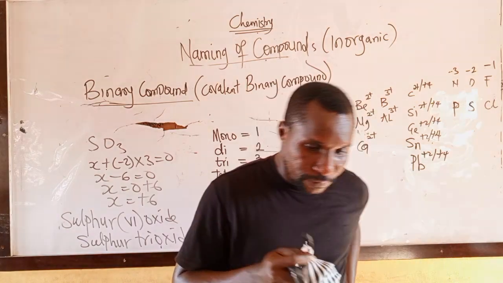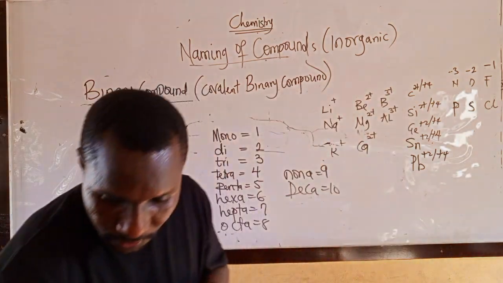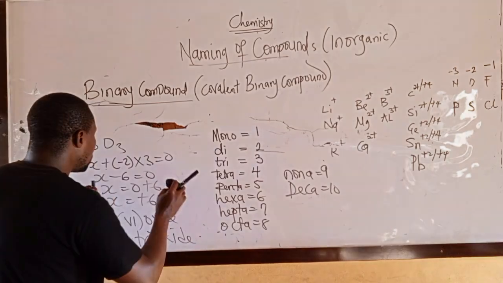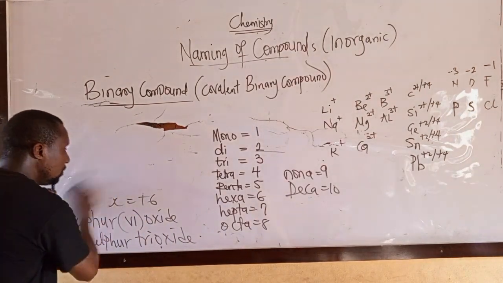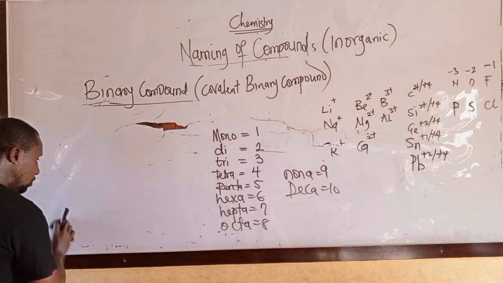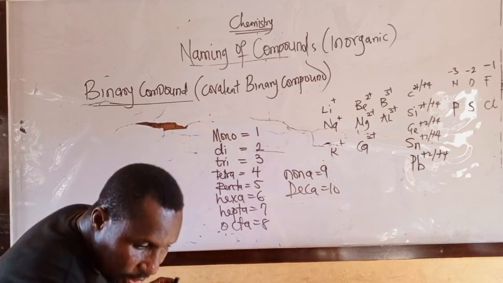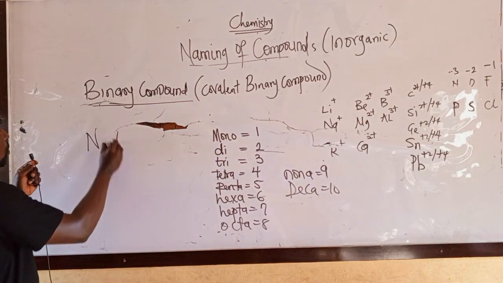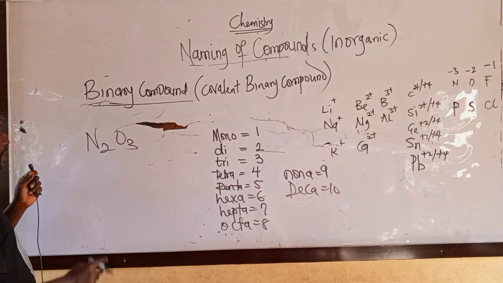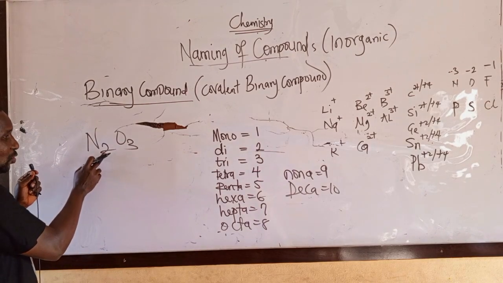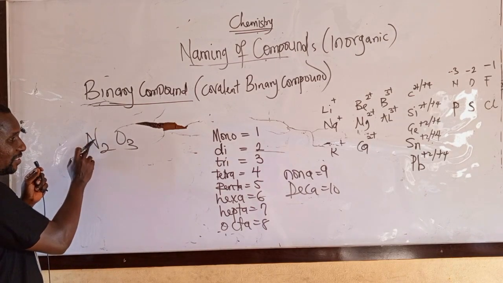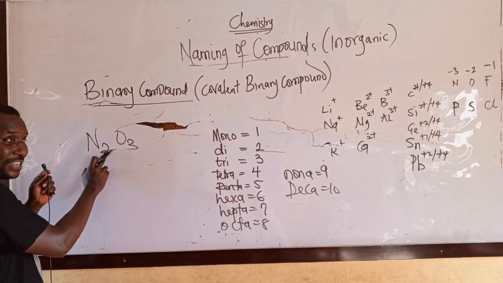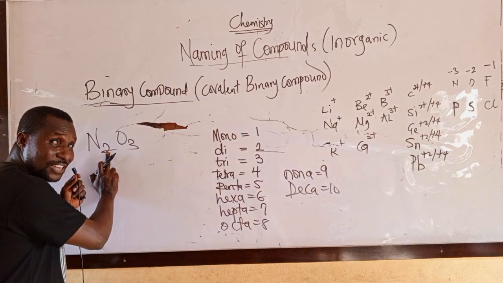You can try this one. Look at this. N2O3. Look at this. Can you see? The first element, the first non-metal, has 2.